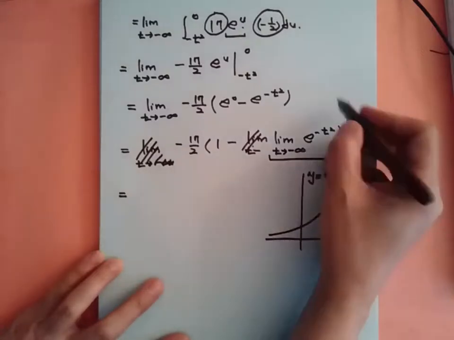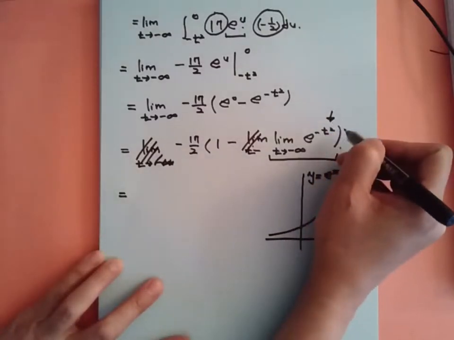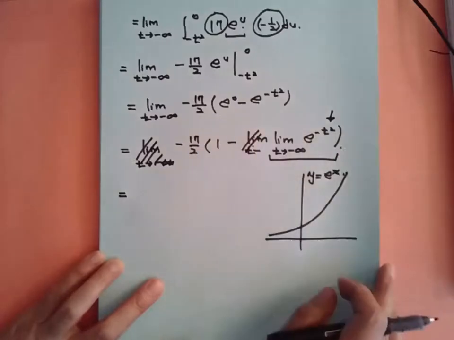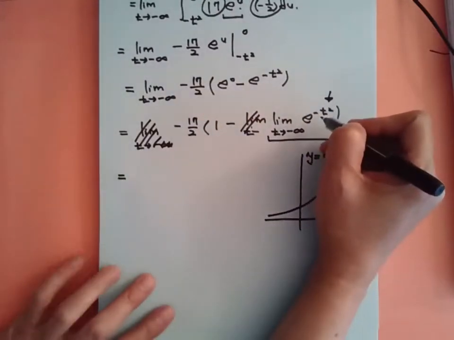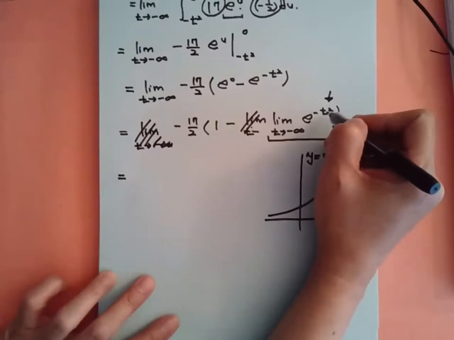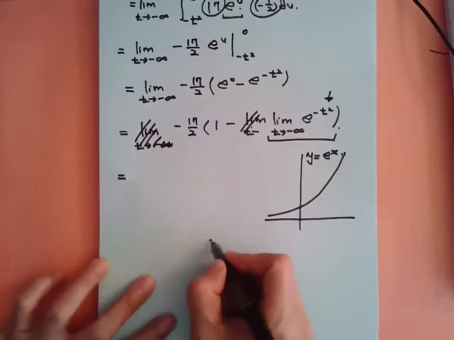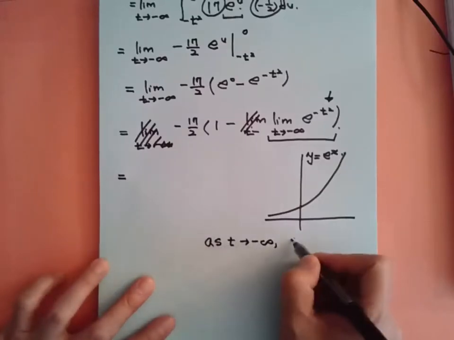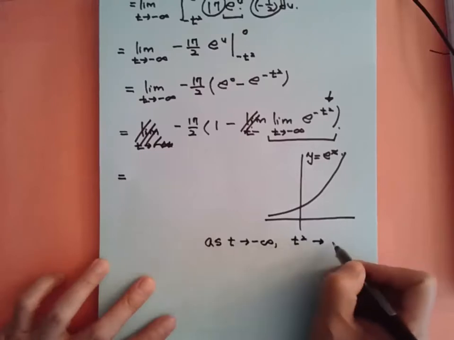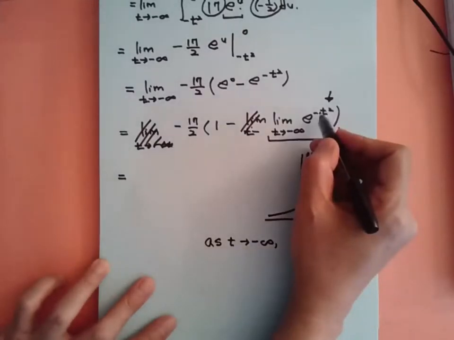So we have to think about where the limit of minus t squared goes. That will be minus infinity, right? As t goes to minus infinity, t squared will go to infinity, so this one will become minus infinity.